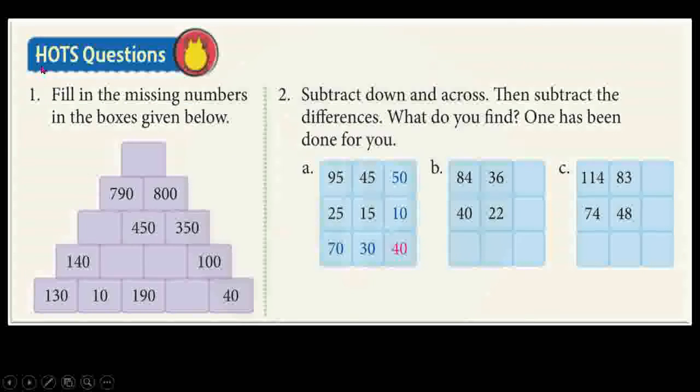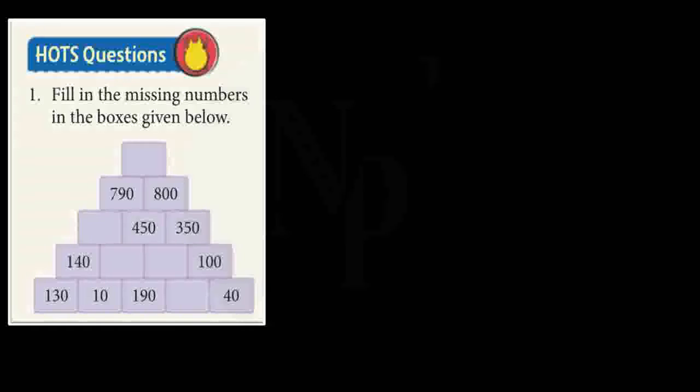Next we have higher order thinking type questions. We have two questions, 1 and 2, and let us answer these one by one. First look at question number 1. Fill in the missing numbers in the boxes given below. Here some boxes are given which look like a pyramid.